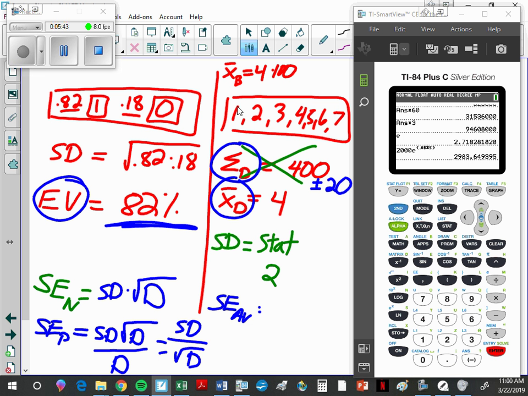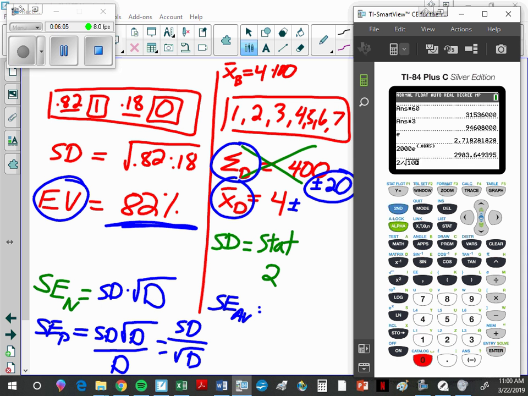So I can take this 20 and divide it by the square root of 100, and I get 2. So plus or minus 4%. Oh, wait a minute. I'm doing that wrong. So that would be not 20. It would be 2. Sorry. 2 divided by the square root of 100. And I get 0.2.